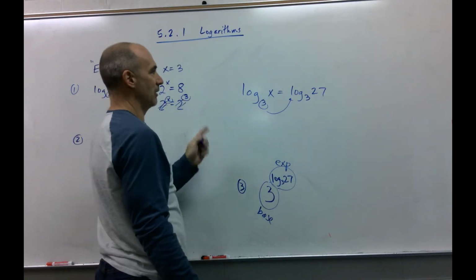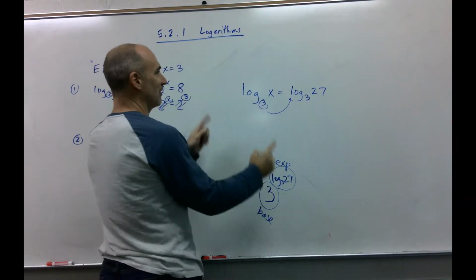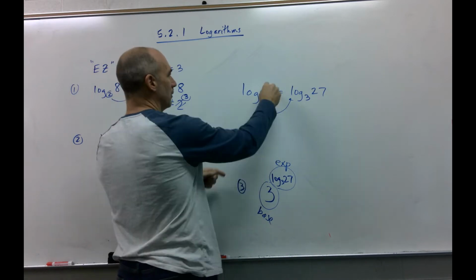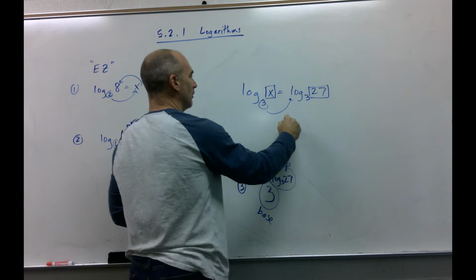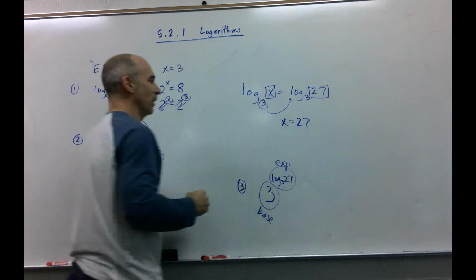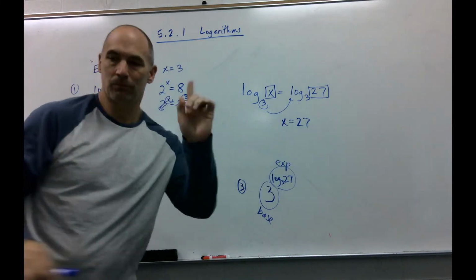And now watch this. This is different, but doesn't this spot have to equal that spot? So I just go, aha, x is 27. Let me pause this a second.